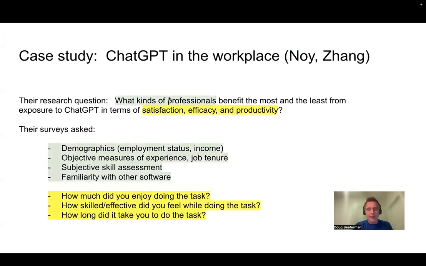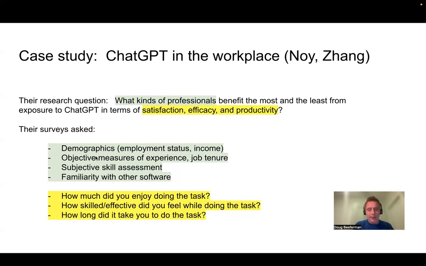I've highlighted the independent variables in green and the dependent variables in yellow. So the surveys ask questions that address both of those classes. Standardly, every survey will have some set of questions asking about demographics, like are you employed, what's your income, possibly where are you, and other identity questions.